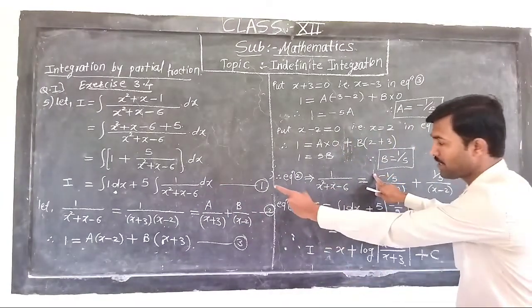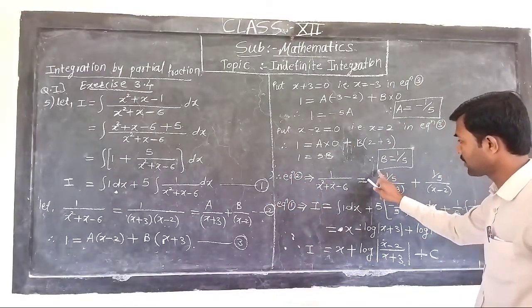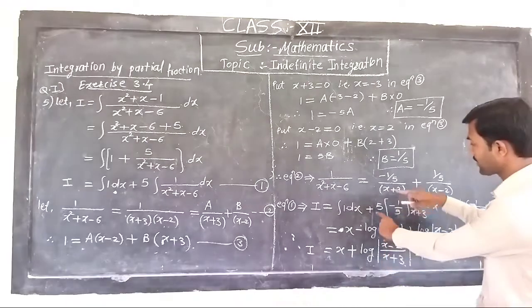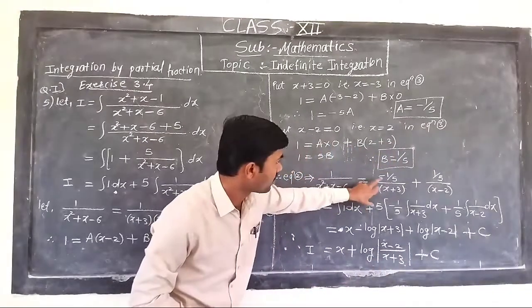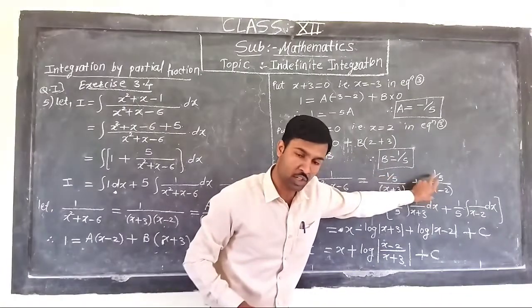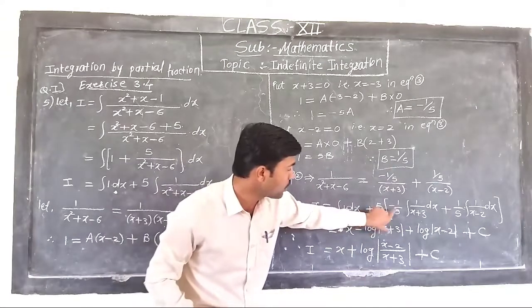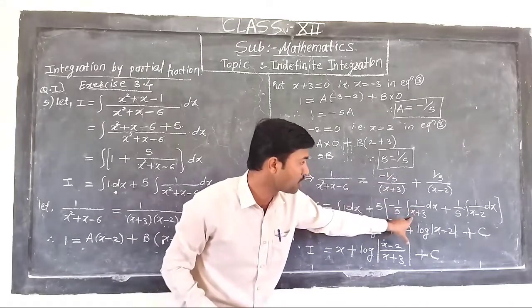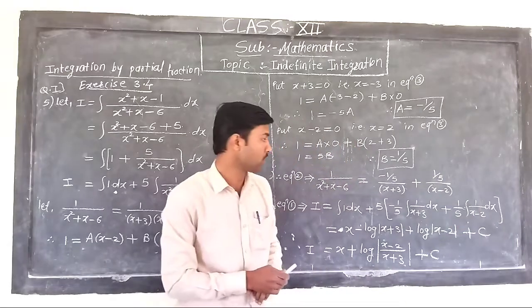As there is integration, after separating the integration for both these terms, we can write it as 5 into −1/5 into the integration of 1/(x + 3) plus 1/5 into the integration of 1/(x − 2) dx.